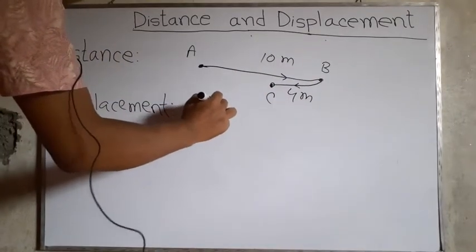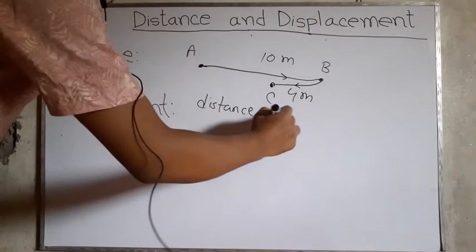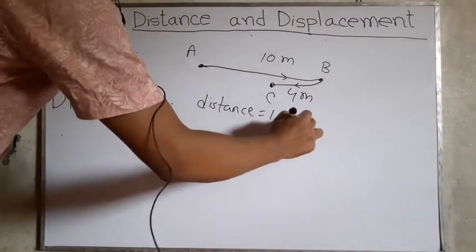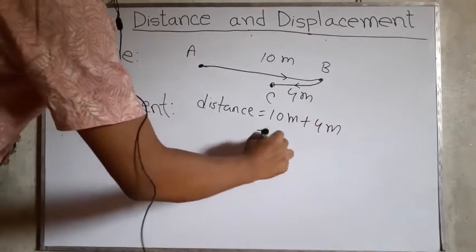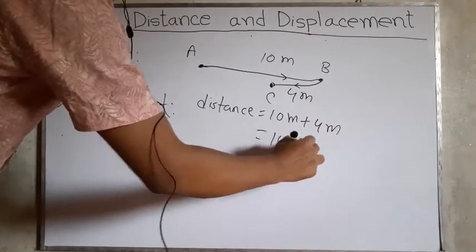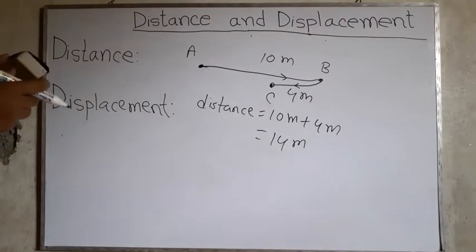Therefore, distance is equal to 10 meter plus 4 meter. This is equal to 14 meter. But what is your displacement now?